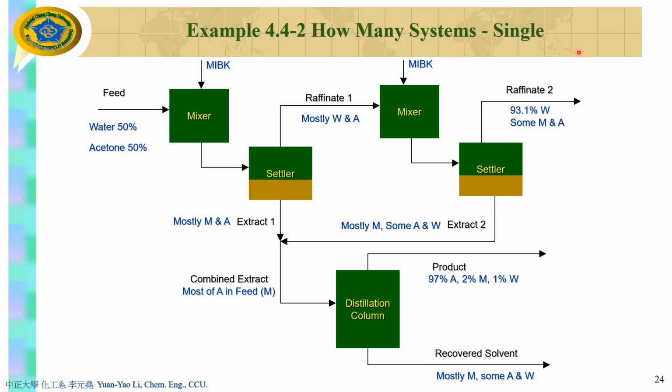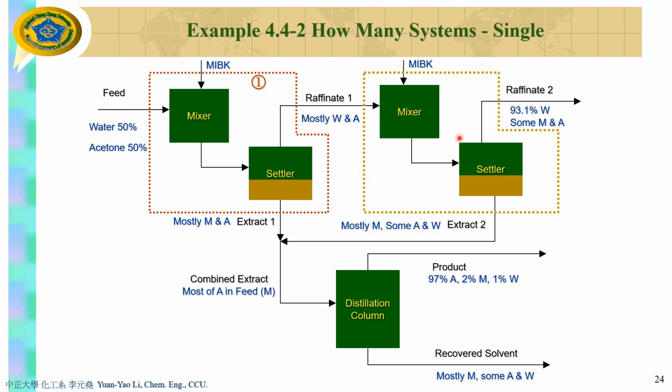So, however, in our textbook, this mixer and settler, we can call this extractor 1. So we combine this, make it simpler for you. Okay, so this is number 1, this is number 2.